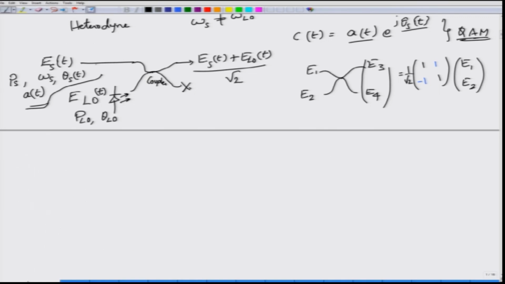This is also light, this is also light. This device basically mixes two optical fields or optical signals to generate Es of t plus ELO of t by root 2. Okay. Next what we do is we put in a photodetector, and then look what happens at the output of the photodetector.